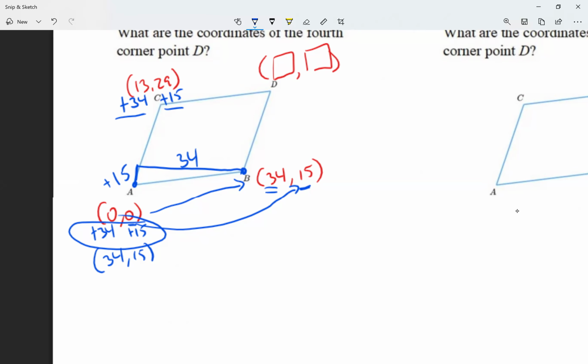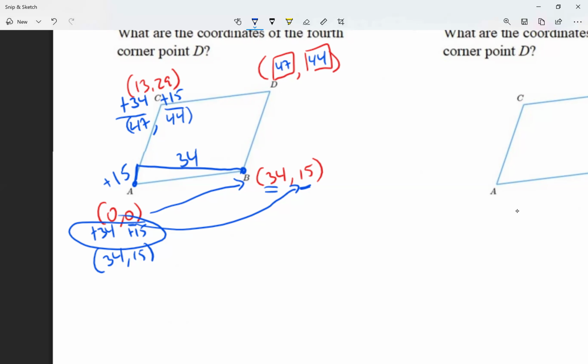So 13 plus 34, isn't that 47? 29 plus 15, use a calculator if necessary, I get 44. So my coordinates are going to be 47, 44.